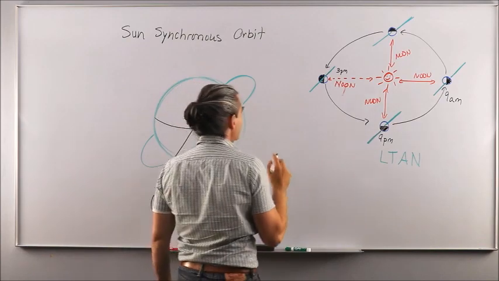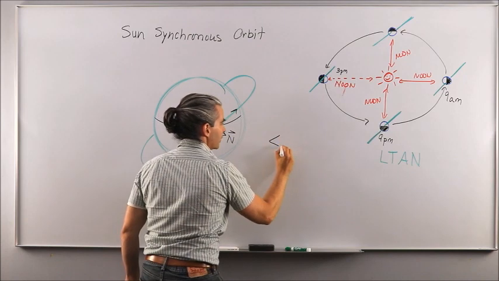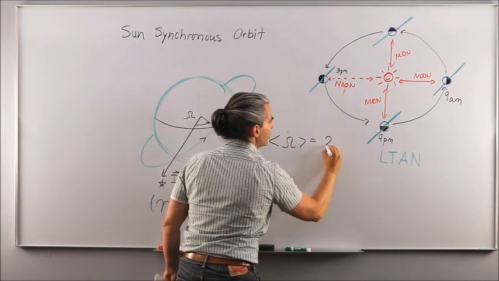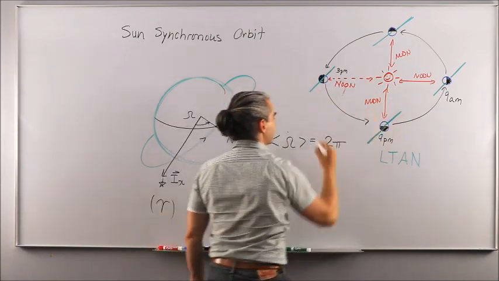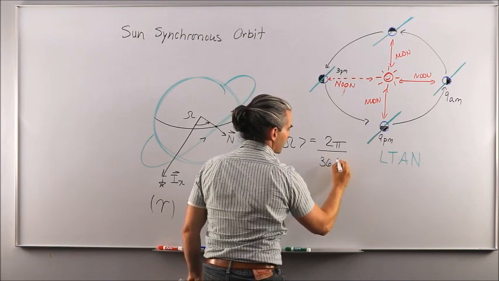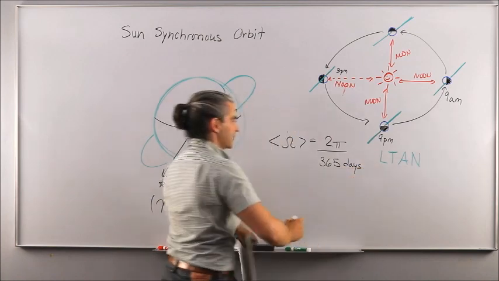But if you happen to design the orbit such that the average rate of change in RAAN happens to be 2 pi over 1 full year, that's 364 point something, we should say 365 days for the sake of this discussion.